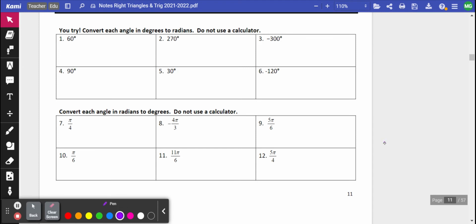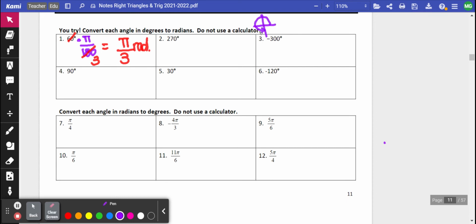So we have 60 degrees, and in order to convert that, we're going to multiply by pi over 180. Hopefully you can see pretty easily that we can reduce this. And what we know now is that 60 degrees is equal to pi over 3 radians. I know that looks weird. You're going to get used to it. Okay, let's go ahead and do the next one. 270 degrees. Now, let's just think of the 270 degree angle.